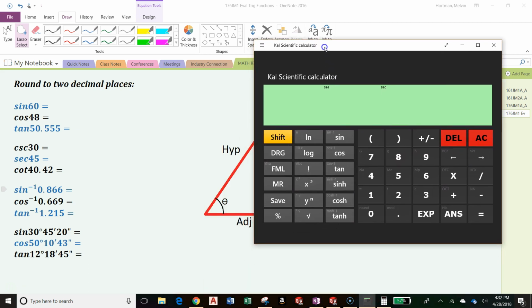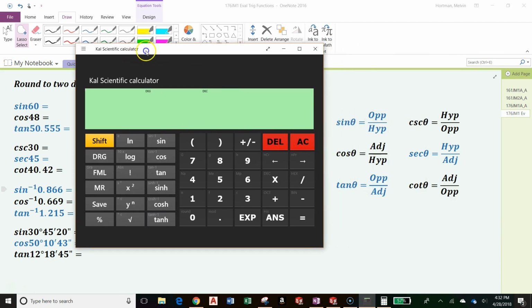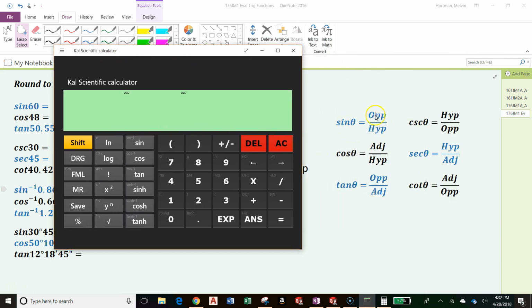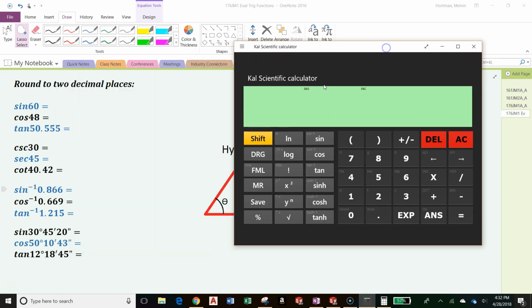The angle of the triangle is 60 degrees, and we want to evaluate it to determine what the ratio is between the opposite side and the hypotenuse side. So to do that on a calculator similar to the TI-36X Pro, we enter sine, we enter our angle of 60, and we press the equal sign.